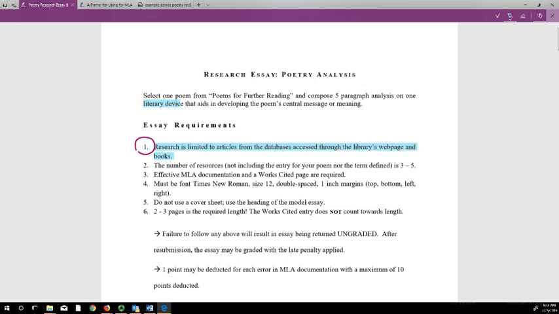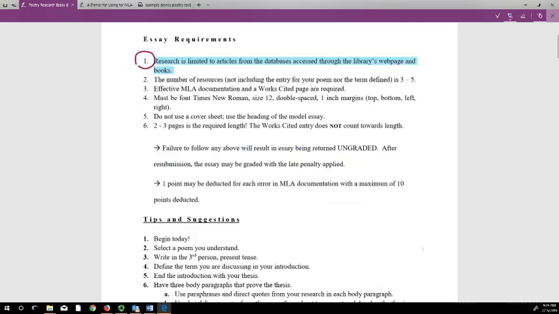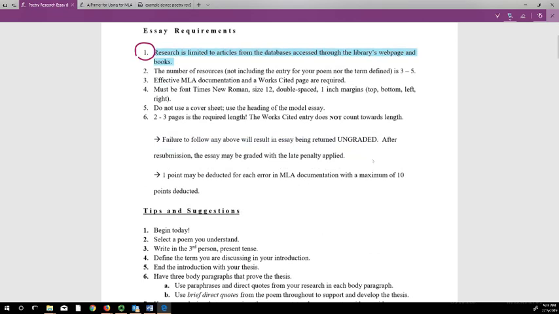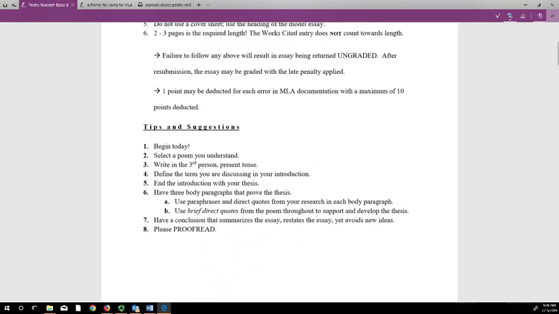All the goodies here. Please, you got to do this. Otherwise, I'm not going to grade it. I'm just going to bounce it back to you, and then it's going to be late, and penalties are going to start adding up. Please be careful with your MLA documentation. It might take off points. So please be real careful with that.